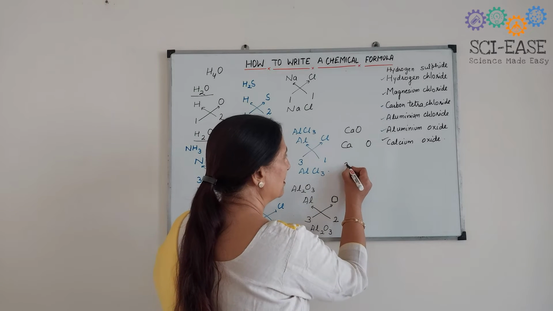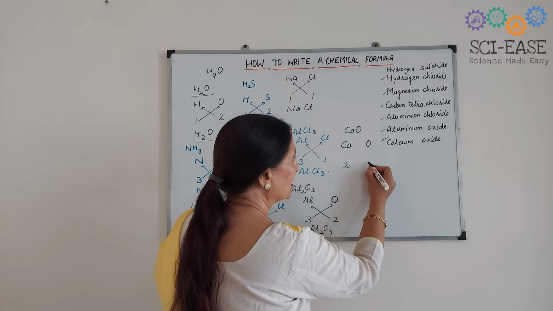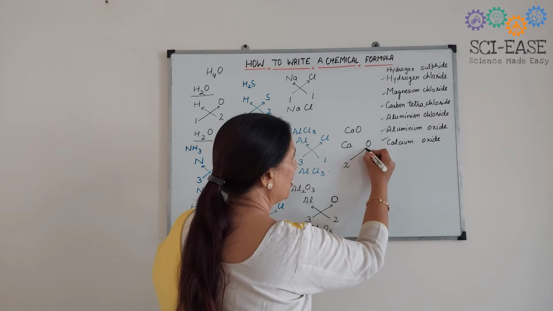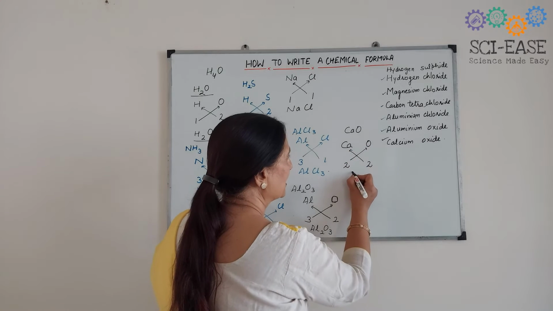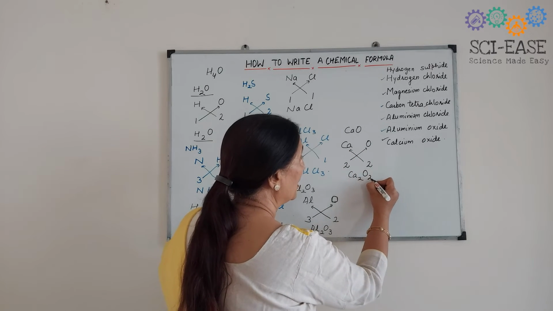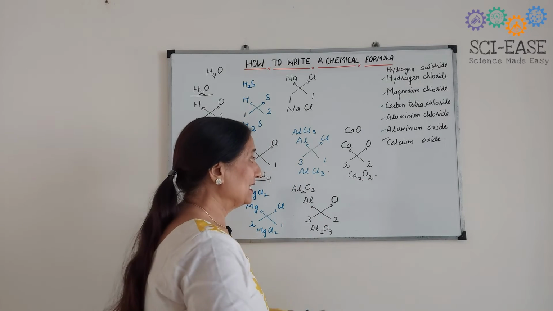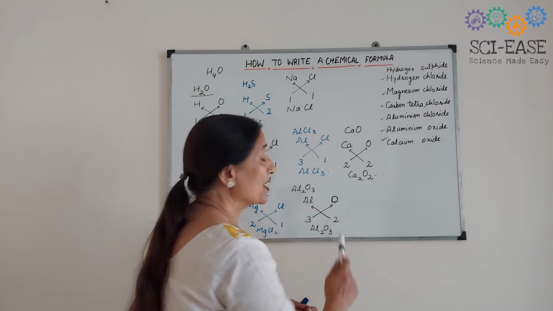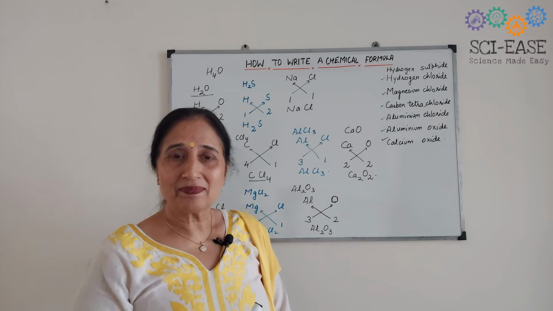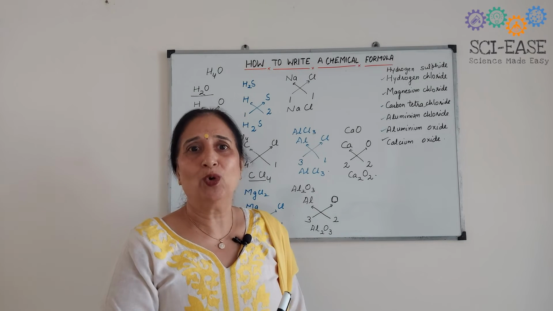So calcium is bivalent, it has 2, and oxygen has -2. Cross it. What will you get? Ca2O2. But here we will divide the subscripts by a common number in order to simplify the formula.